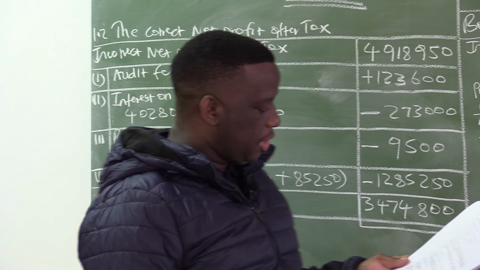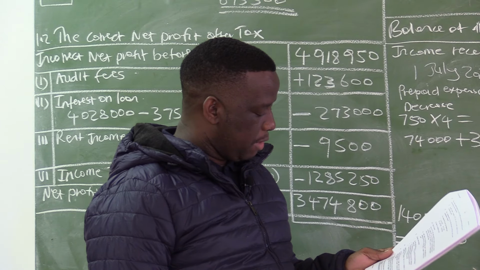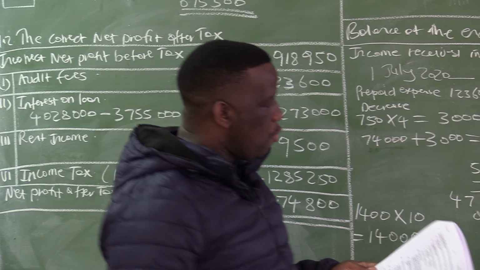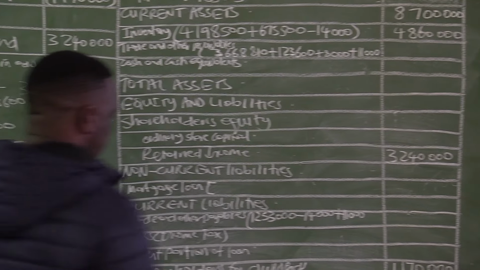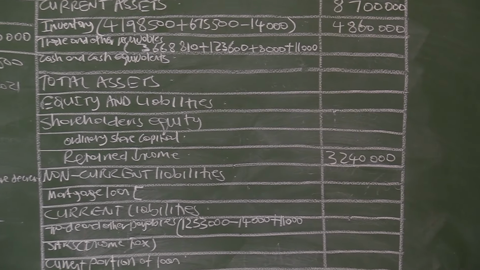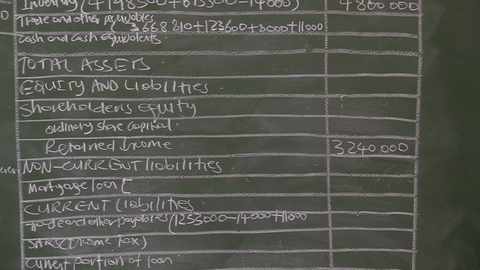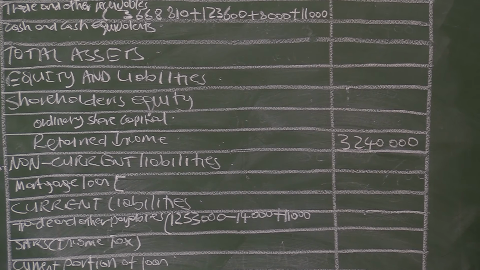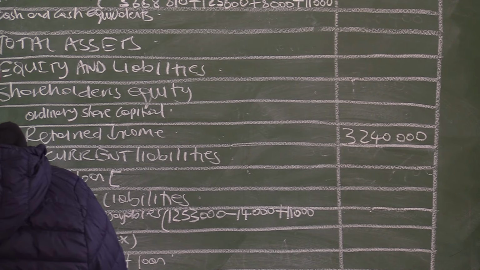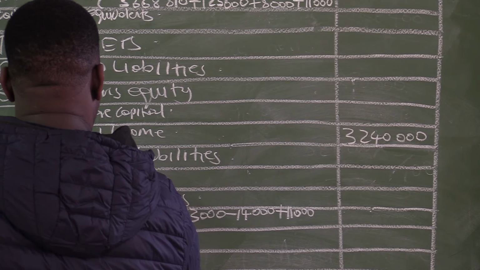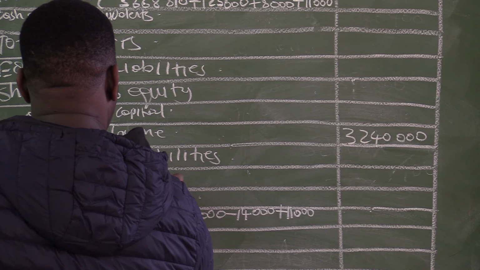So this transaction, which is the last transaction, G, affects our mortgage loan. Let's go to our loan. Our loan balance, which includes interest, at 30 June 2021 is 4,028,000. That is according to information C.